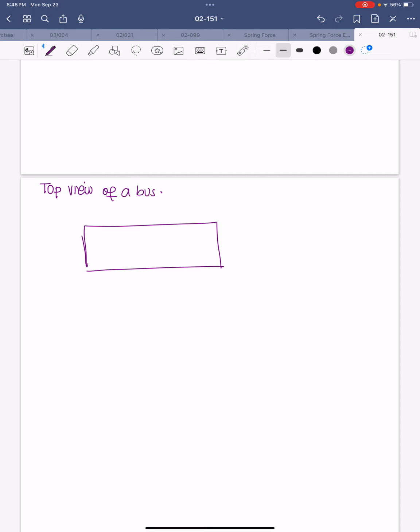So consider this the top view of a bus. So the bus is going like this. This is the velocity of the bus. And say that there's a person that is sitting on the bus. Maybe I should draw a chair.